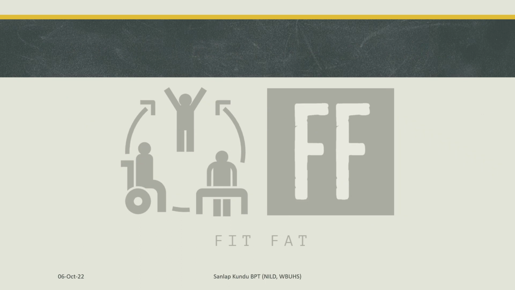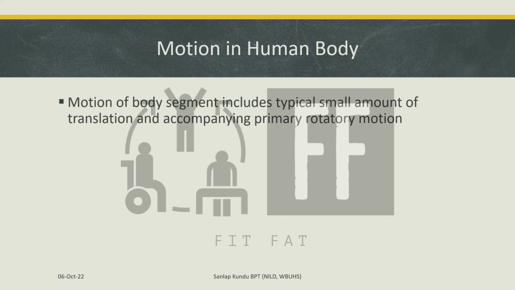Now here we will talk about the motion in the human body. First is that I already told you, हम लोगों के बॉडी में जो मोशंस होते हैं वो एक जनरल मोशन और कर्विलिनियर मोशन होता है, यानी कि उसमें ट्रांसलेटरी पार्ट भी रहता है और रोटेटरी पार्ट भी रहेगा.